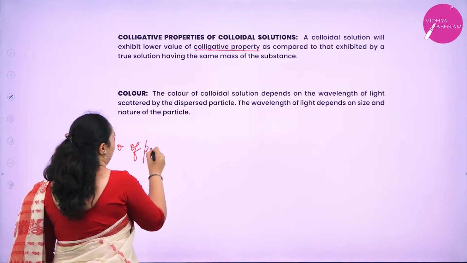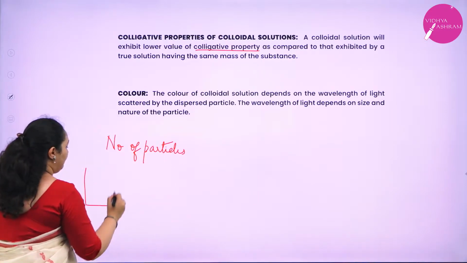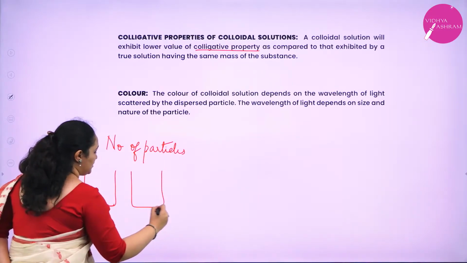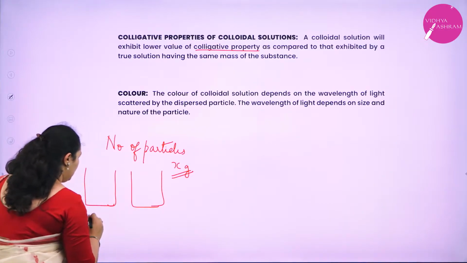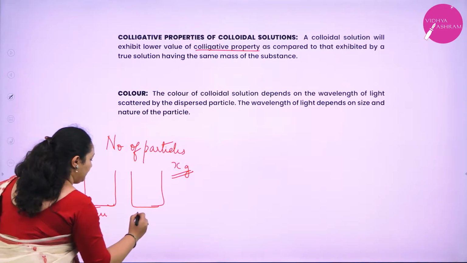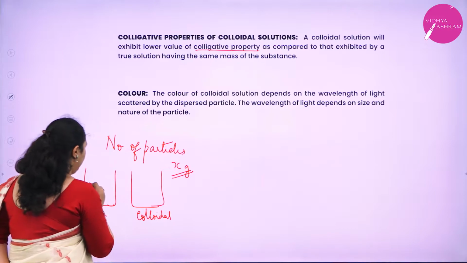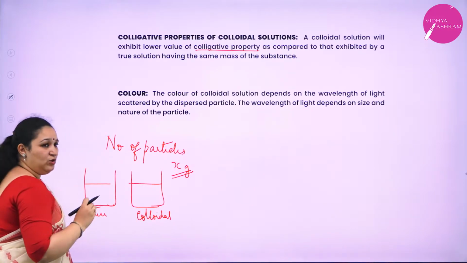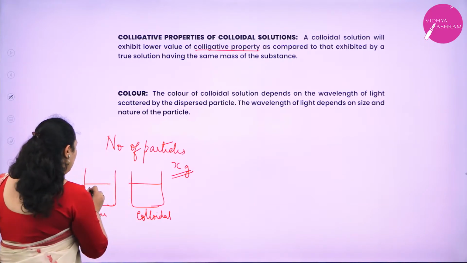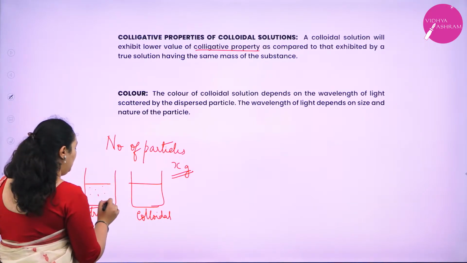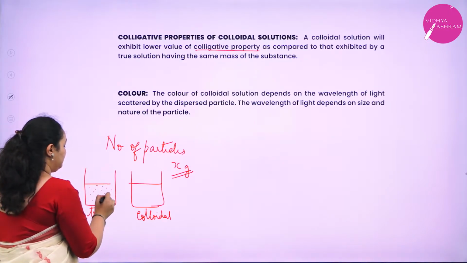For example, I have taken two solutions, each weighing x grams. This is my true solution and this is my colloidal solution. We know the true solution particle size is smaller, so the number of particles will be many.